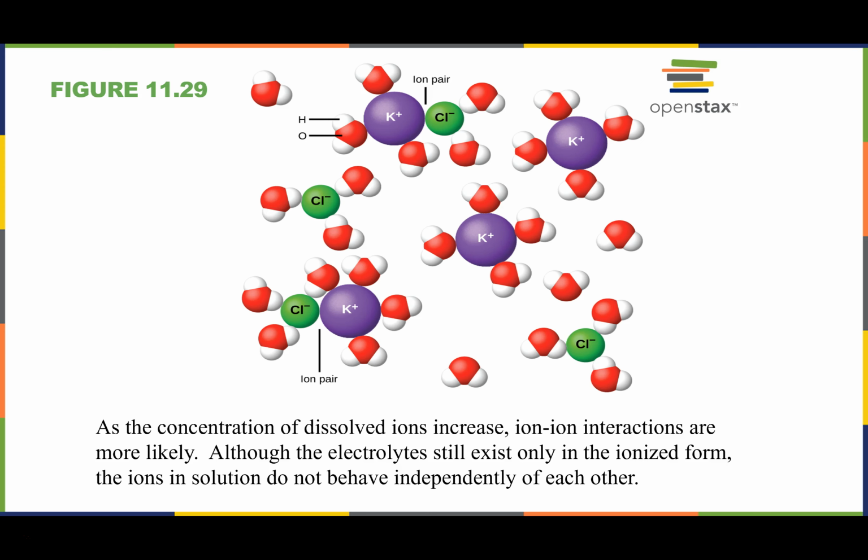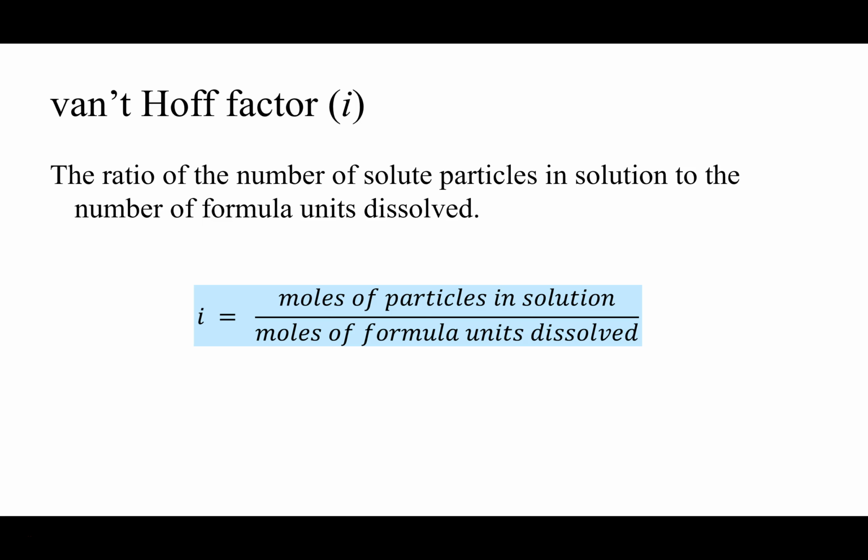This again is showing you that as the concentration of dissolved ions increases, ion-ion interactions are more likely. So here we have a relatively concentrated solution of potassium chloride. And so you definitely have this sort of thing where you don't have the particles separated. That makes sense. It's a good figure.